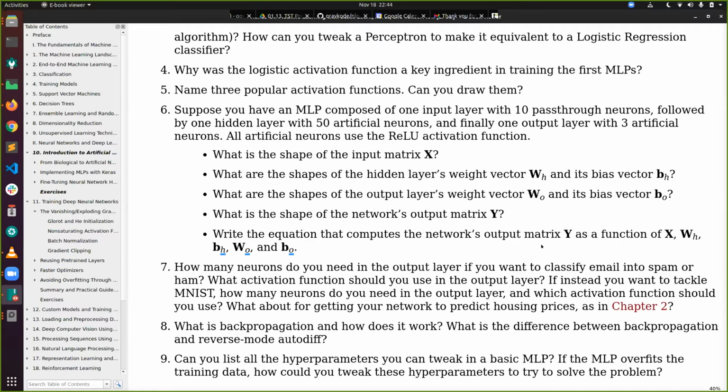Yeah, and then I think another ReLU. That's right. So another ReLU. Okay, cool.